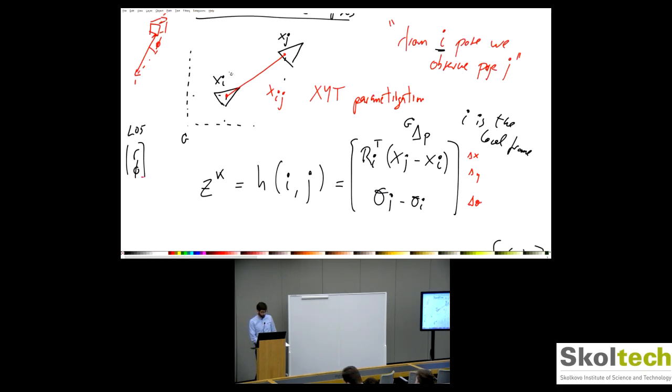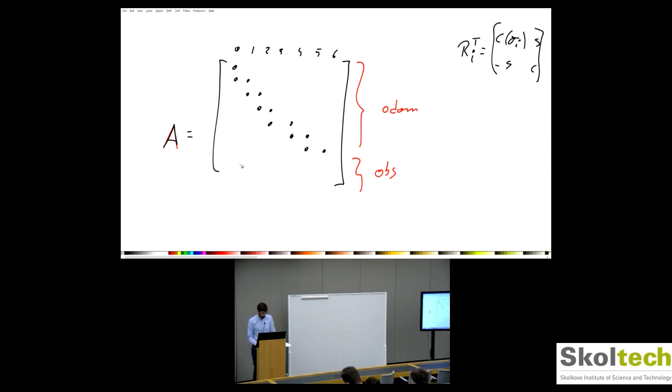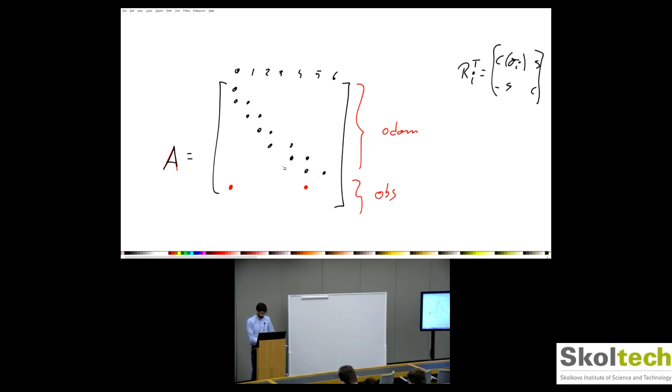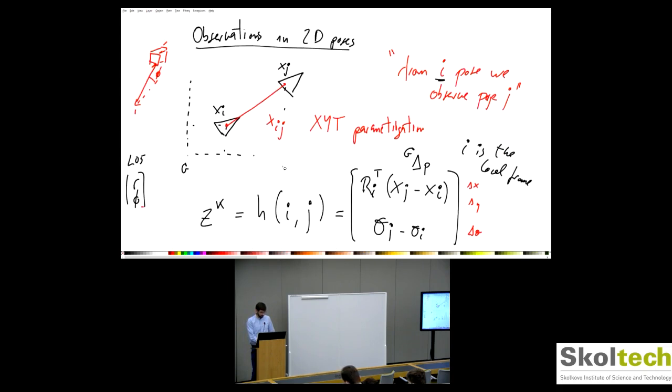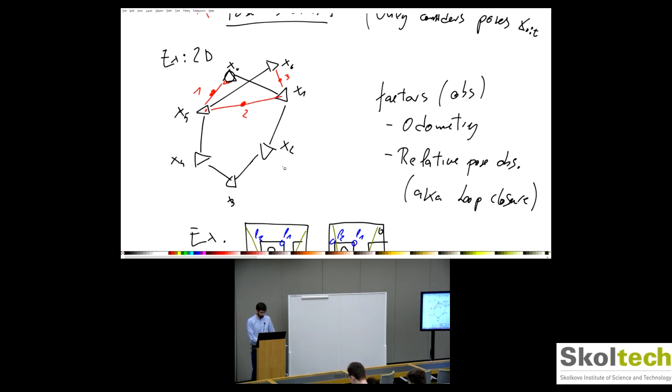So if we come here to the sketch of these variables, it should be something like this. From 5, we observe 0, right? And then there were 2 more factors: from 5, we were also observing 1, and from 6, we were observing 1.